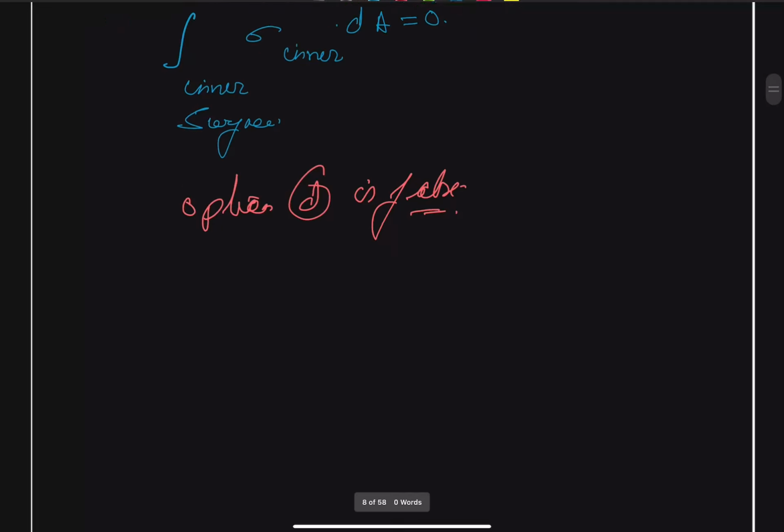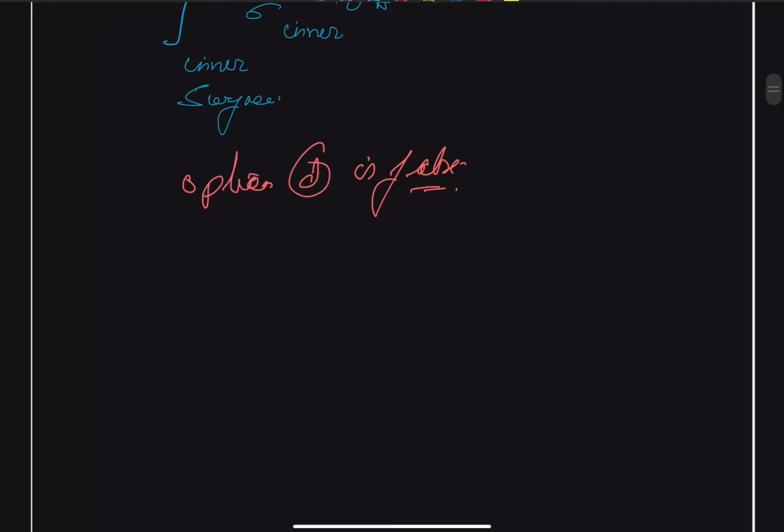So from here we can draw another conclusion: the net induced charge on the inner surface is equal to 0.